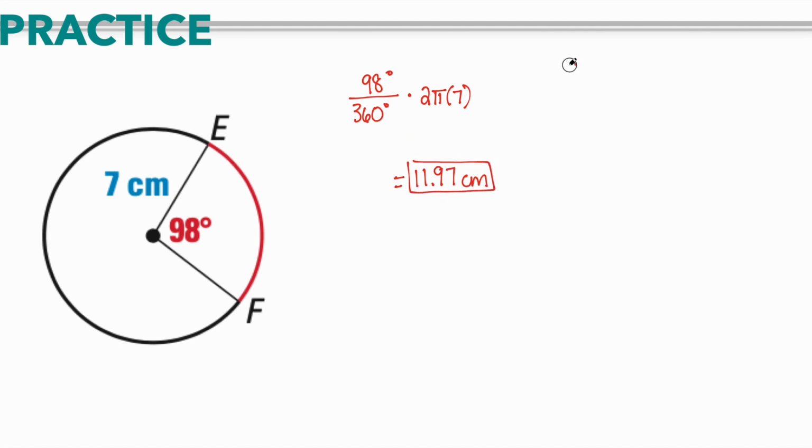The arc measure is going to be 98 degrees. The arc length is going to be 11.97 centimeters. The arc length should be some type of length unit. The arc measure will always be in degrees.